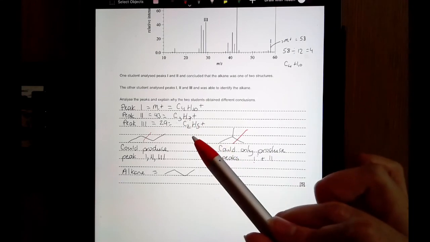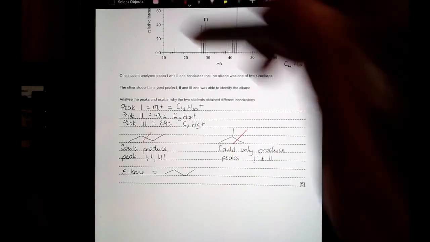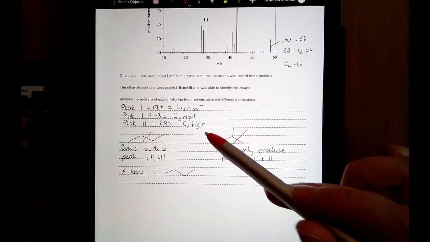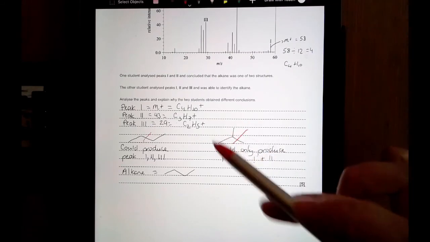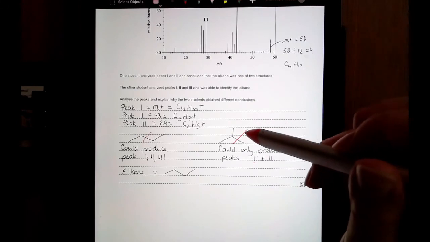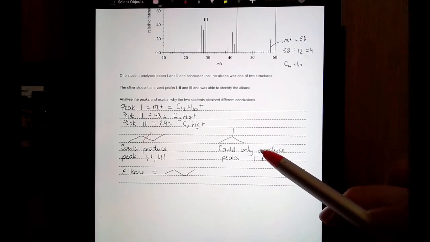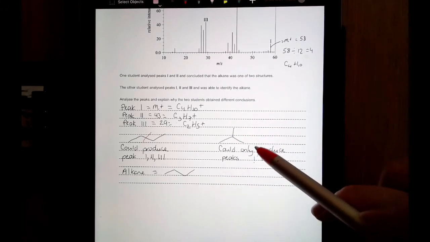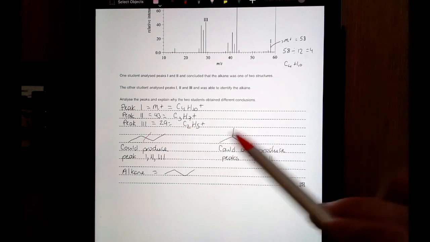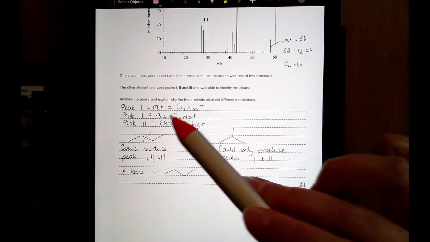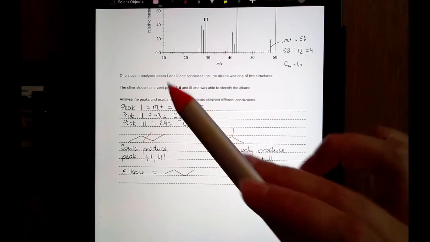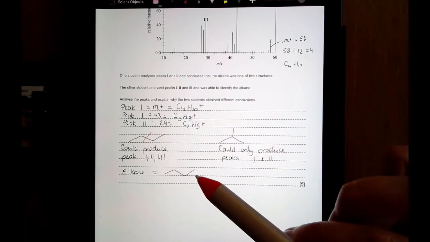But I cannot get peak 3, okay? There's no bond that I can break that's going to give me a C2H5 fragment. And you can try if you want, but you will not get a C2H5 fragment by breaking a bond. Therefore, 2-methylpropane cannot produce peak 3, therefore the alkane in question is going to be butane.